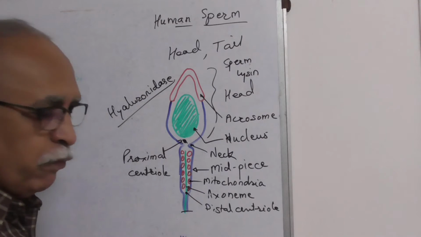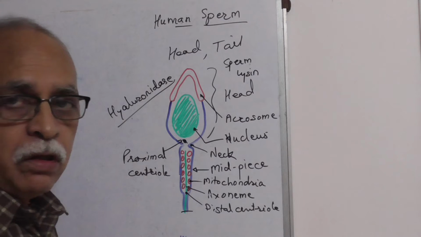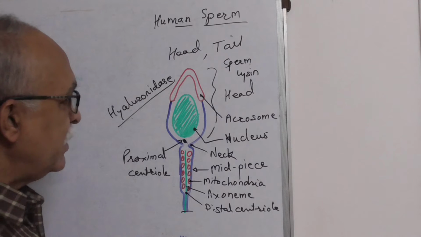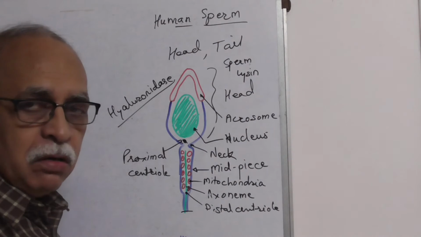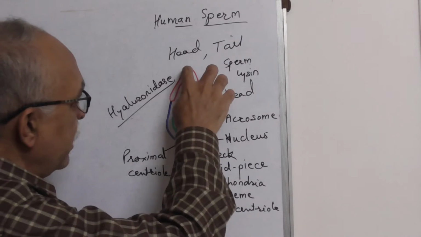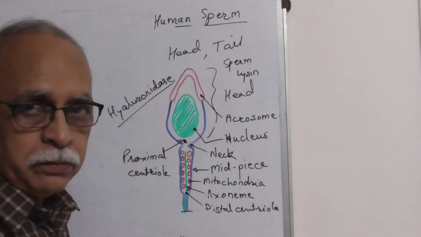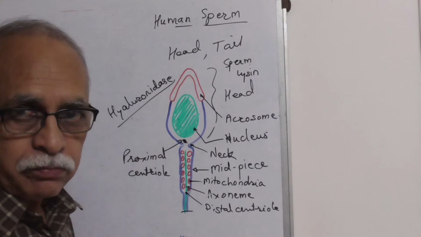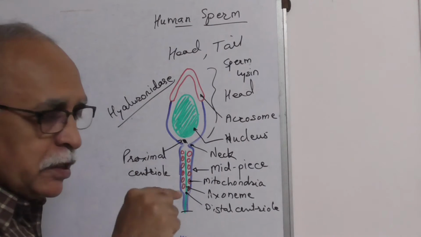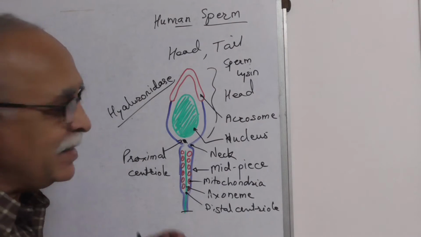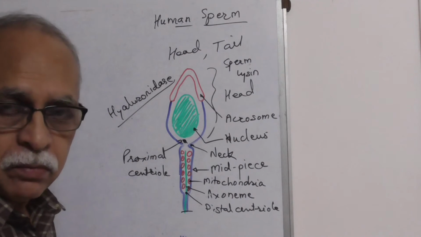This is meant for piercing the female gamete, the egg cell, oocyte. How does that happen? When this reaches the covering of the egg cell, the acrosomal cap breaks open and the sperm lysine or hyaluronidase is released out. This tries to dissolve the covering of the egg cell and let the sperm enter.